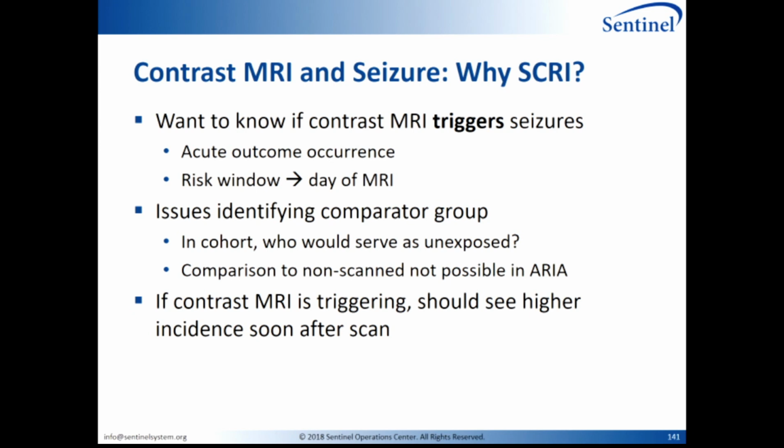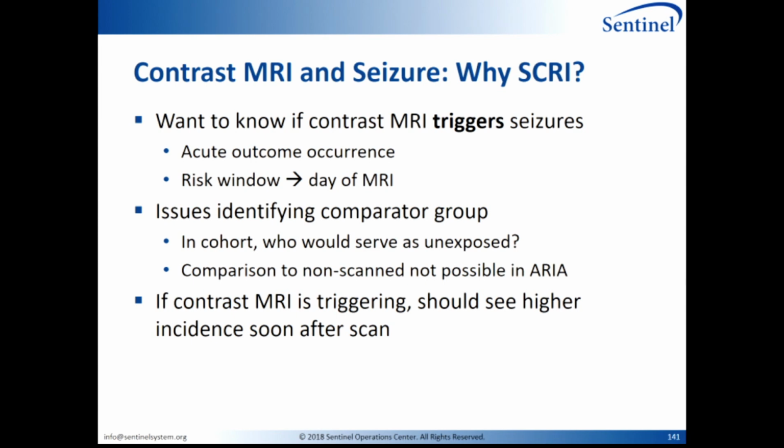And likewise, the risk window was essentially predefined by the concerns that arose of the seizure occurring on the same day or within an hour. So this made SCRI an attractive option for studying this, which isn't to say this question couldn't be assessed with a cohort design, but it would be more difficult.